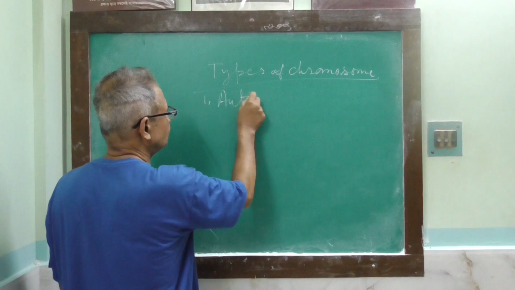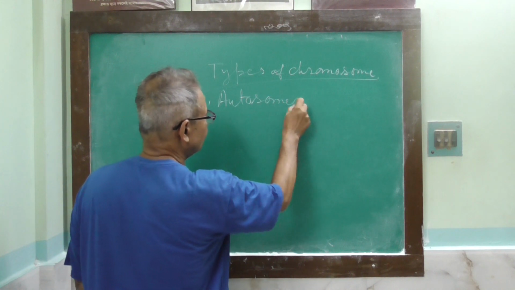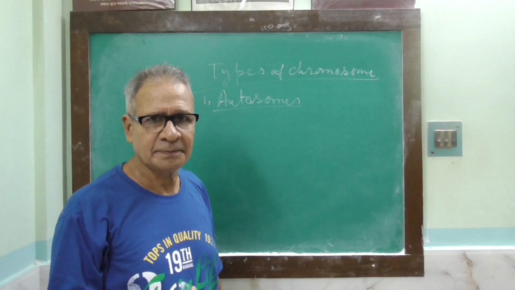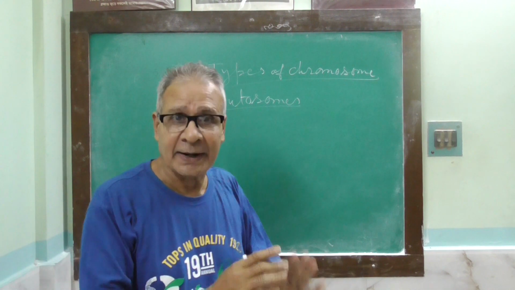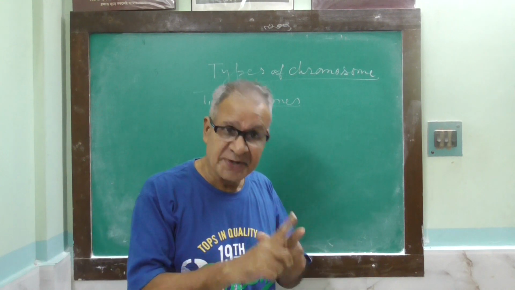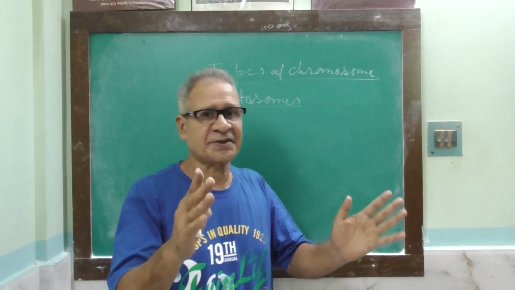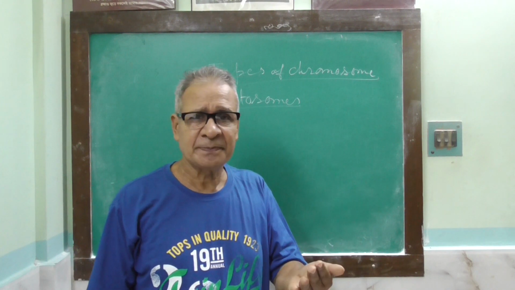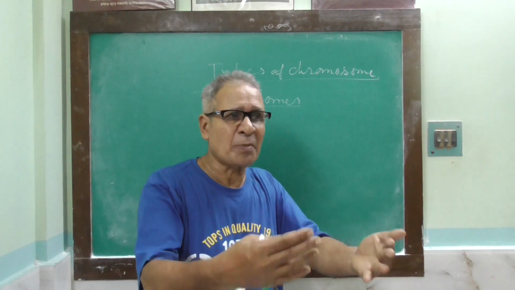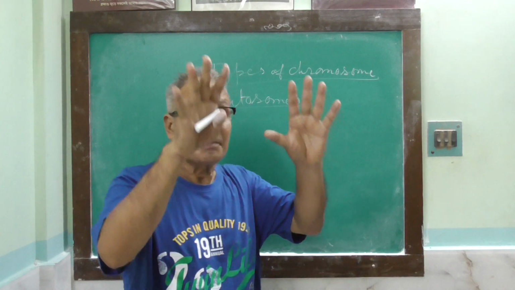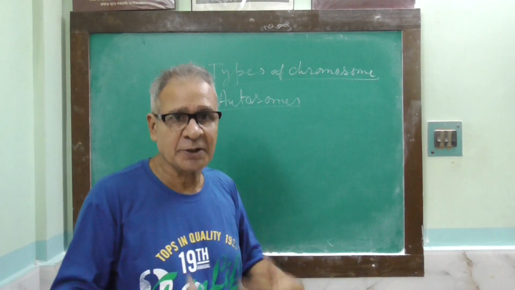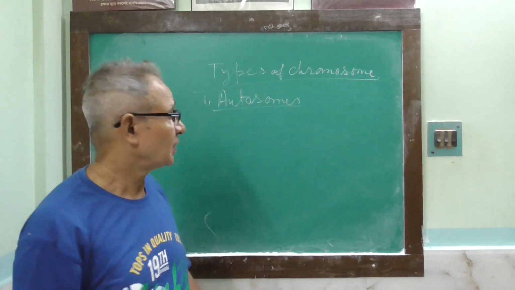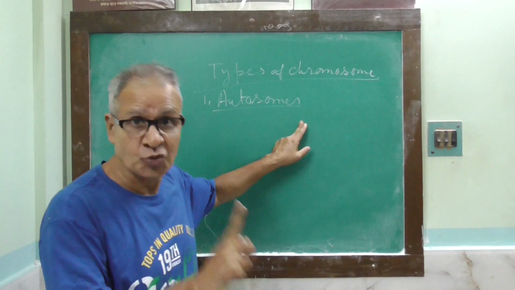Autosome. In a diploid cell, the chromosome pairs which are identical in both the sexes, that is male and female, and which give the information for the vegetative body, that is the somatic body, the structure of the body, known as the somatic cell, are known as autosomes.